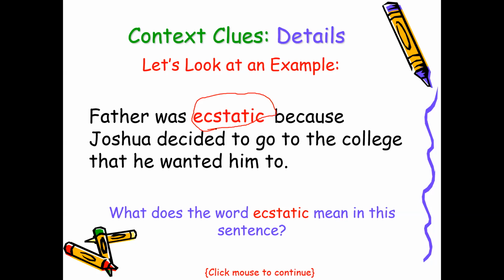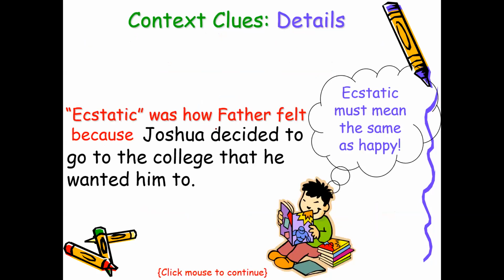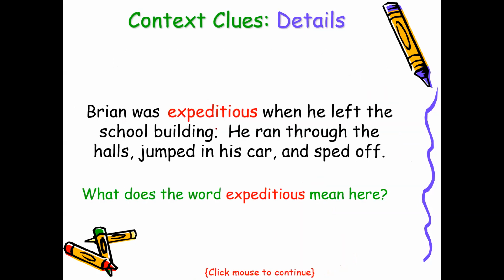You can see words that you have never seen before, but then from the context itself, you can actually figure out what these words mean. All right? So just as you said, ecstatic must mean the same as happy. Okay, why don't you give it a try here?